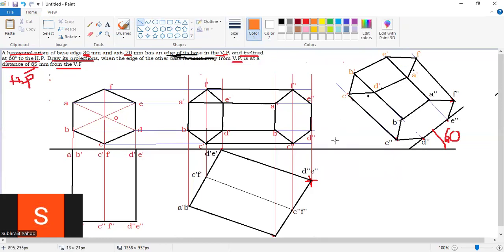You have to draw a thin line vertically, projection line from top to bottom, from every point.